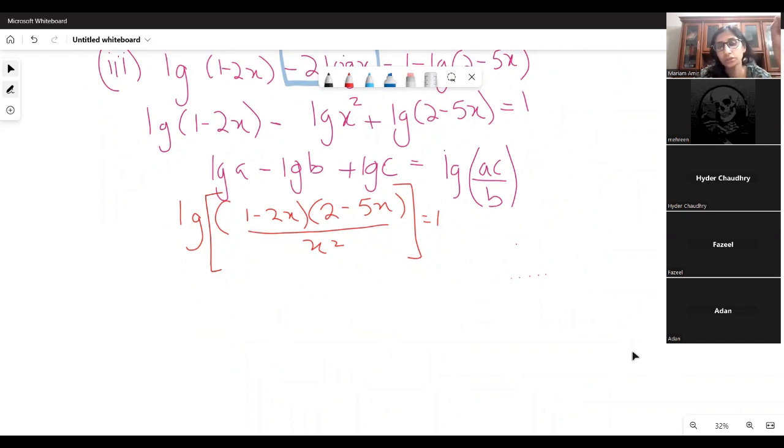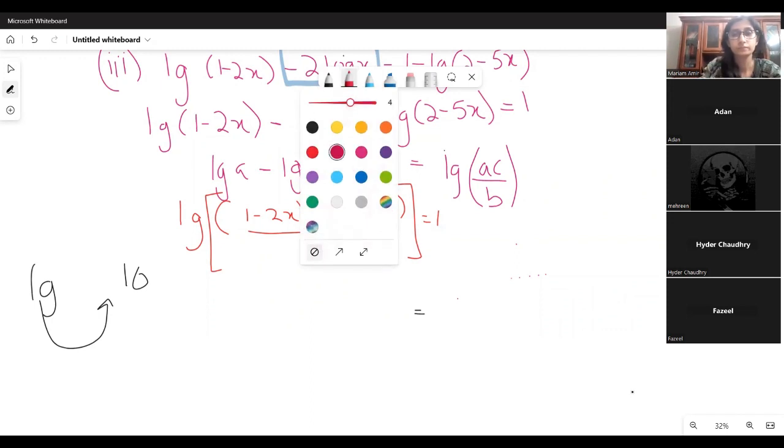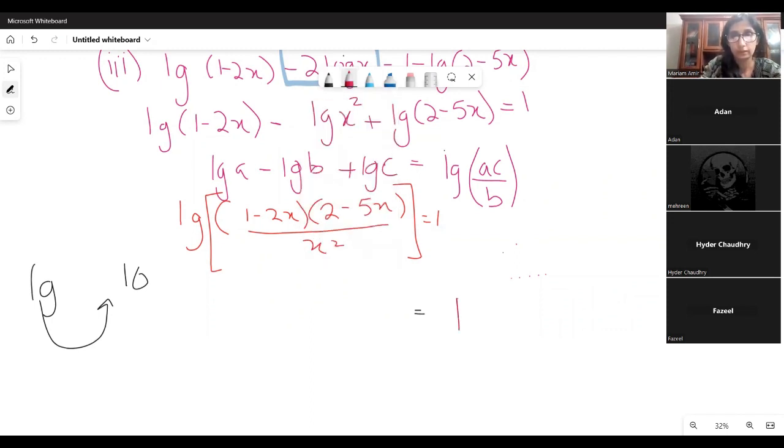Because when log is written without a base, its base is 10. It's not being shown, but it's there. So when just log goes to the other side, it becomes 10. So we have 10 power 1 here, and here we have 1 minus 2x times 2 minus 5x upon x squared.